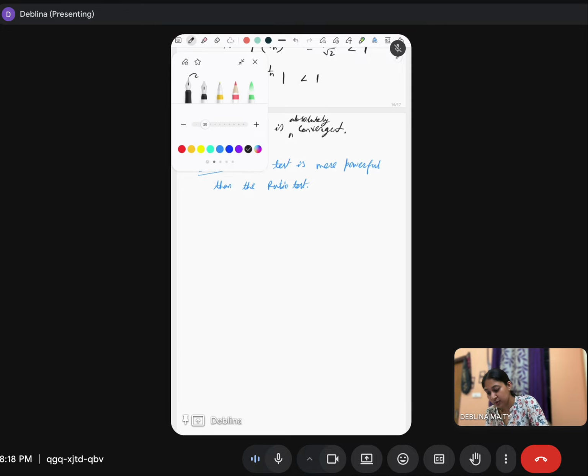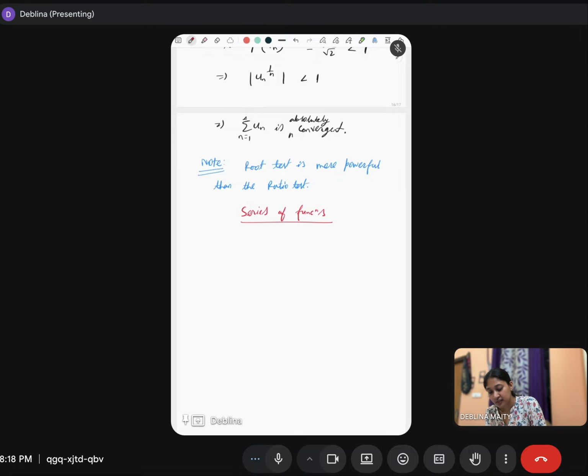So f_n(x) is a sequence of functions, and we know pointwise convergence and uniform convergence, right?